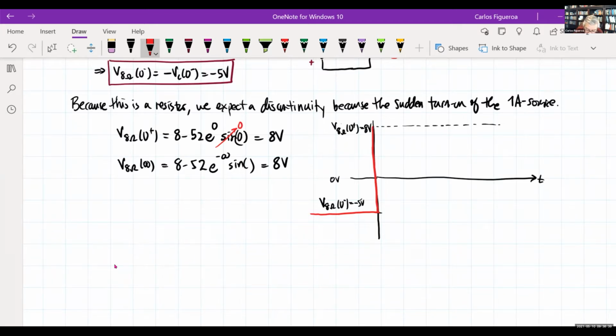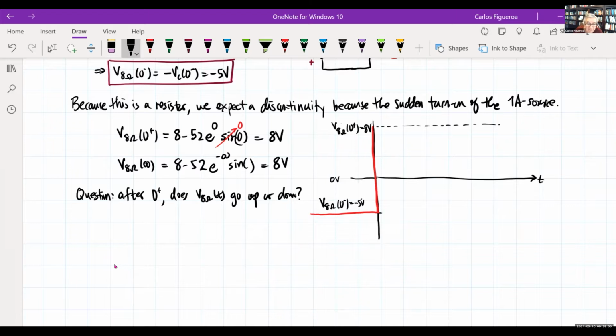So the question is, does this guy dip down or does it go up above this thing? After 0 plus, does V8 ohm of t go up or down?